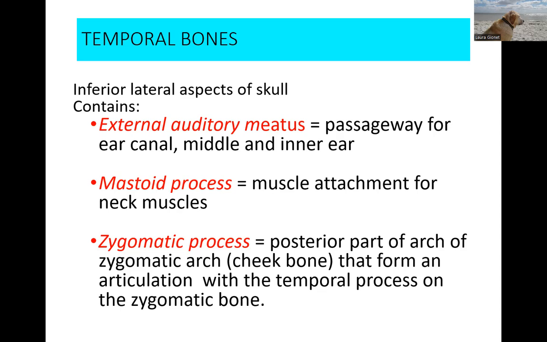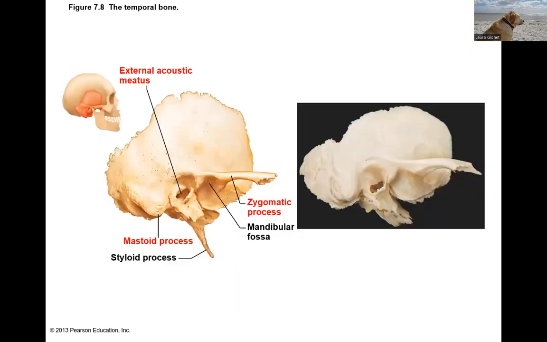It will connect to another process on the zygomatic bone called the temporal process. Okay, so here we have a picture of the temporal bone. You can see this portion of bone called the zygomatic process. Behind it, the mastoid process and the external acoustic or auditory meatus.